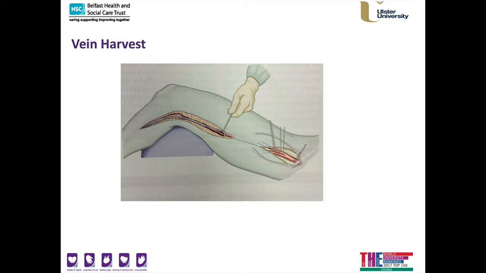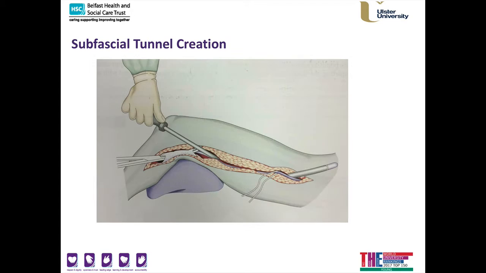When we look at surgical bypass, we want to try and harvest the great saphenous vein, usually on the same leg. We want to expose the groin for the common femoral artery, and we control the superficial femoral and profunda femoris arteries.